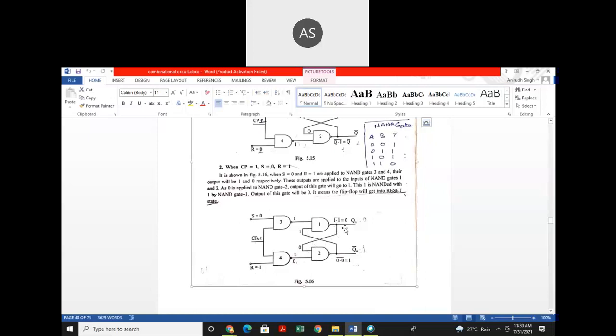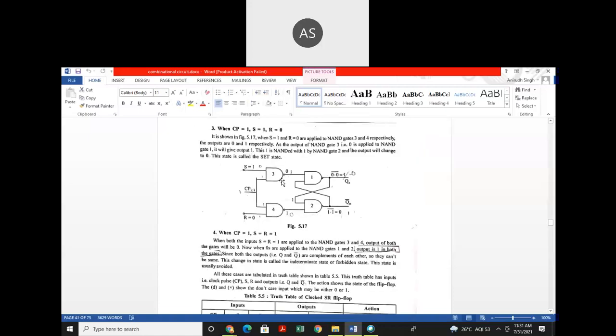In this case, the previous state is 1, but the next state is 0. So we can say that when S is 0, R is 1, then the next state is always 0, or the next state is always the reset state, as in the case of the NOR based SR flip-flop.